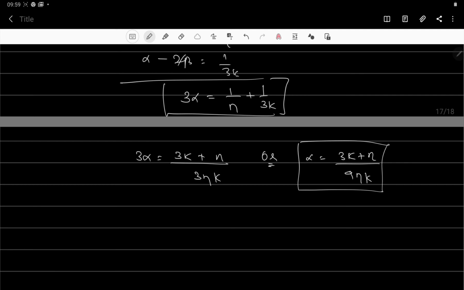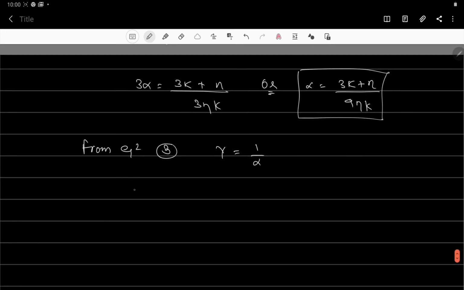Now from equation 3, Y equals 1 by alpha, or we can write 1 by Y equals alpha.